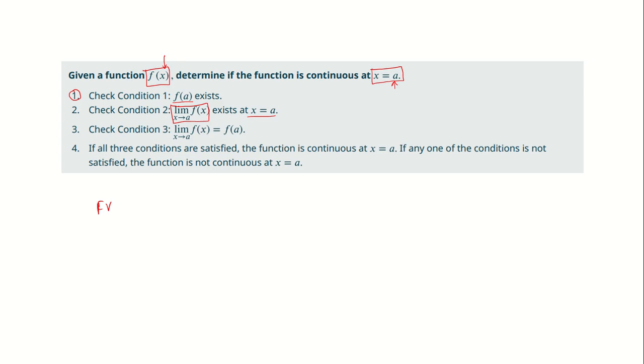If both are equal, then we can say the limit as x approaches a of f of x exists at x equals a. That is the left hand limit, and another one is the right hand limit. If all three are equal, then we can say the function is continuous at that point.